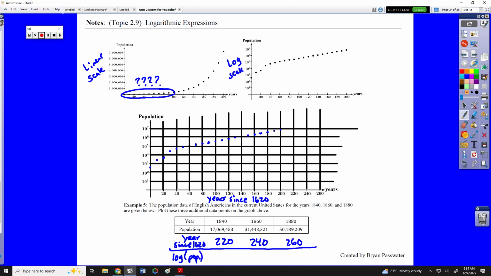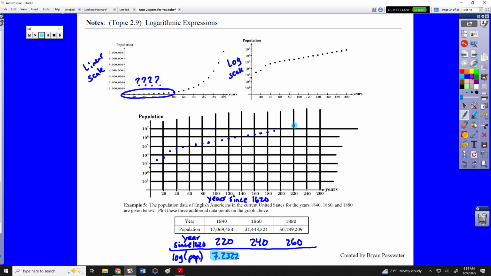So the log of 17,069,453 is approximately 7.2322. So when we graph that point, we go to the 220 line, we go up to 10 to the 7th, and we are just above that value, okay? This would be our 7.2322.